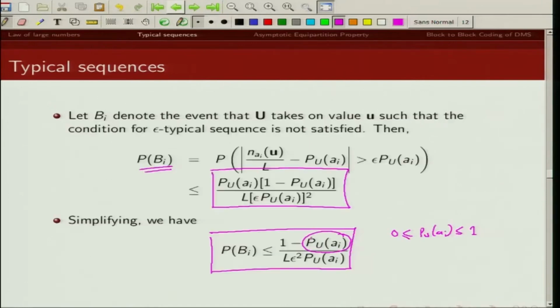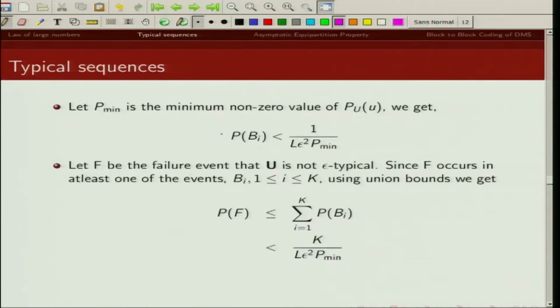This 1 minus term will be less than or equal to 1, and if I replace this P of Ai by P min, which is basically the minimum of P of Ai over all i's, I get an upper bound given by this expression. So P min is the minimum non-zero value of P of Ai.